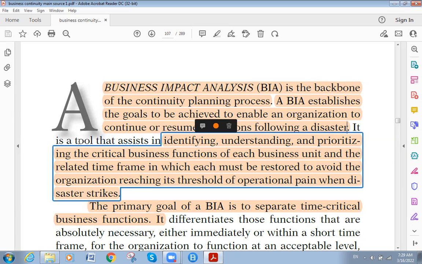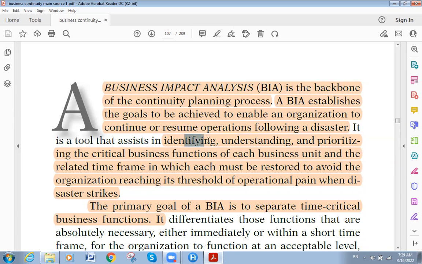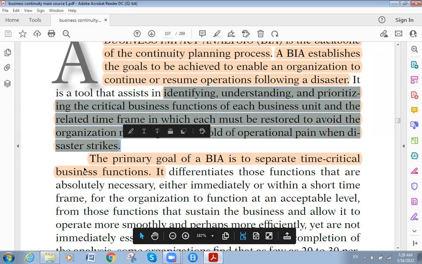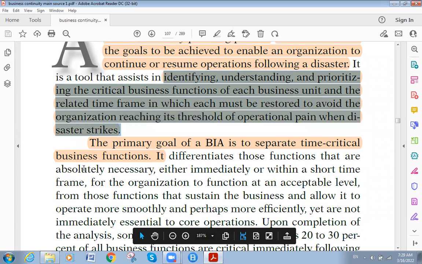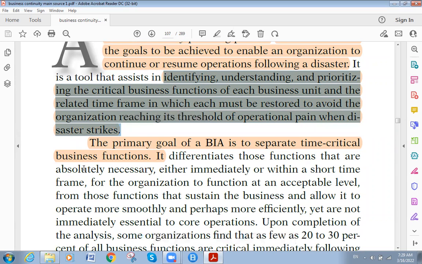It is a tool that assists in identifying, understanding, and prioritizing the critical business functions of each business unit and the related time frame in which each must be restored to avoid the organization reaching its thresholds of operational pain when disasters strike.